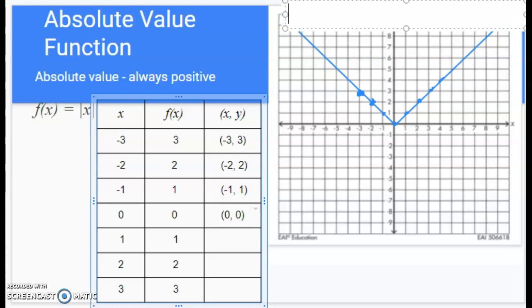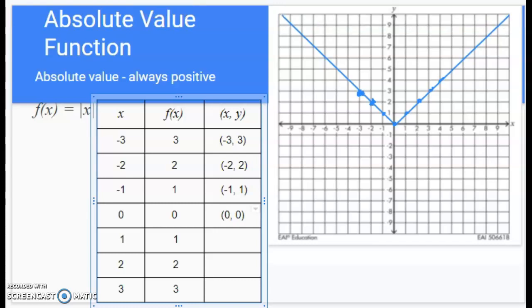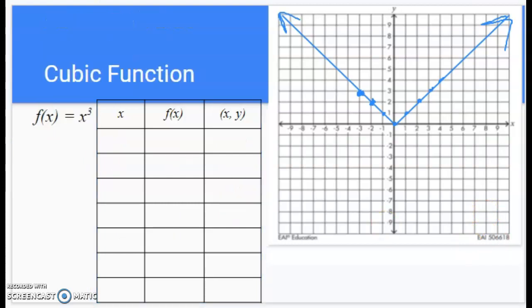One of the things you can notice is that it goes in opposite directions. It's reflective over the y-axis. So here's your absolute value function. We're going to go to our next graph, which is our cubic function.